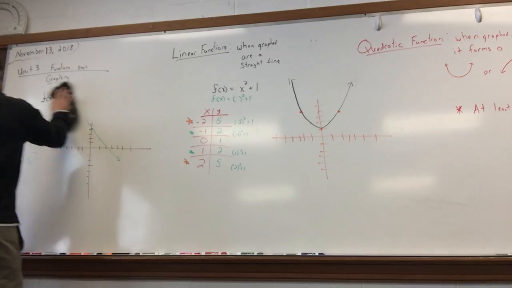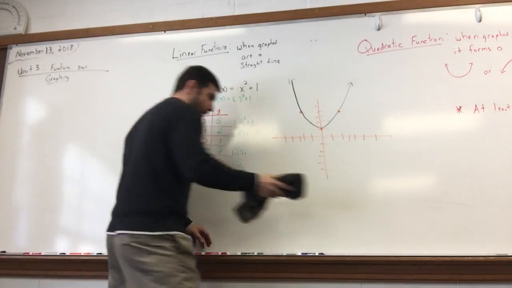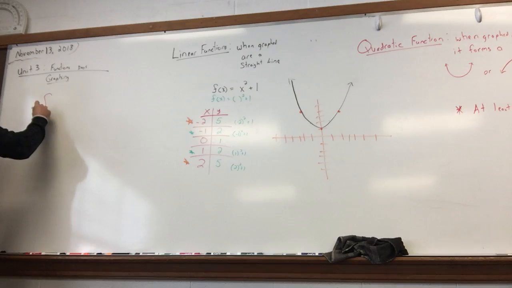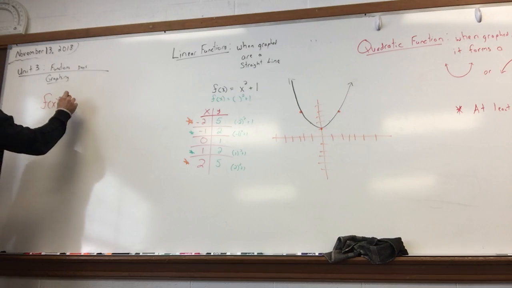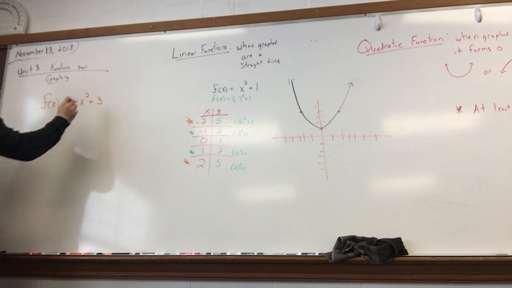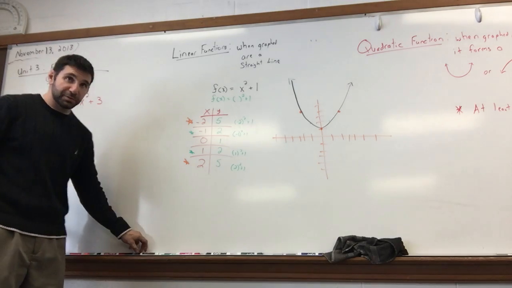Last one. So f of x equals negative x squared plus 3. Make sure you know where the parenthesis goes.